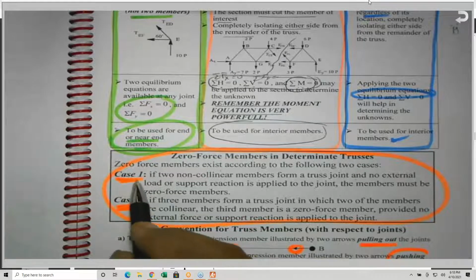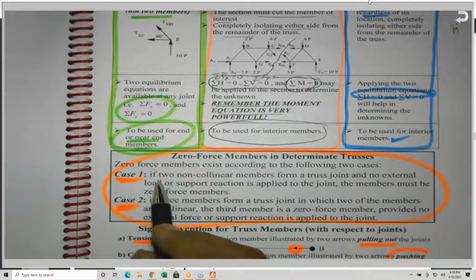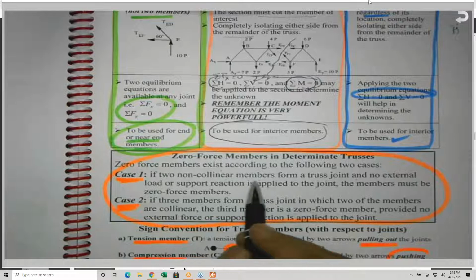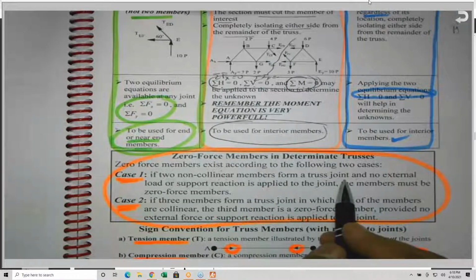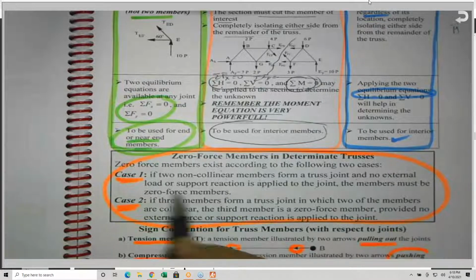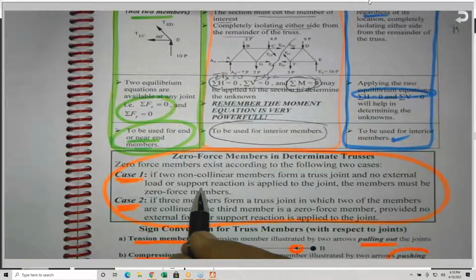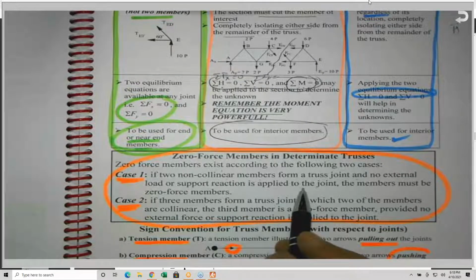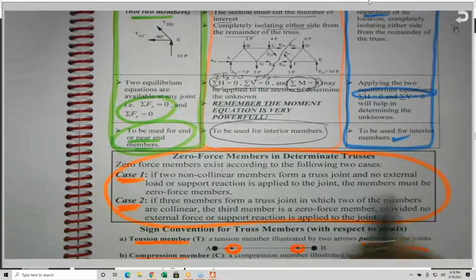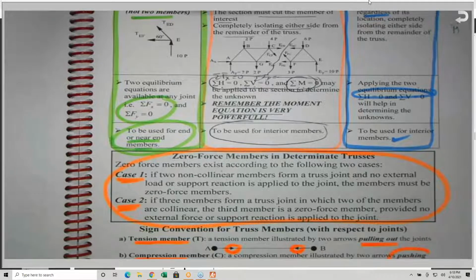Let me read it again. If 2 non-collinear members form a truss joint and no external load or support reaction is applied to the joint, the members must be zero force members.